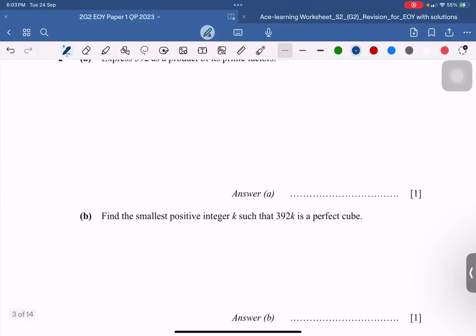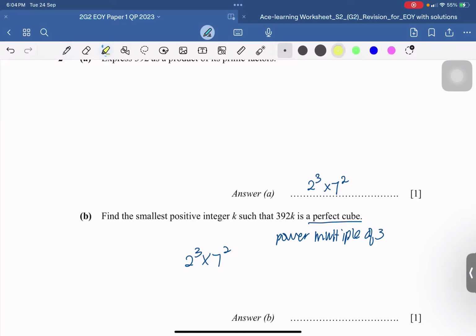2 to the power of 3 times 7 squared. If I want it to be a perfect cube, it means the power must be a multiple of 3. Yes, correct. So 2 cubed times 7 squared, which one is already a multiple of 3? The power of 2, right?